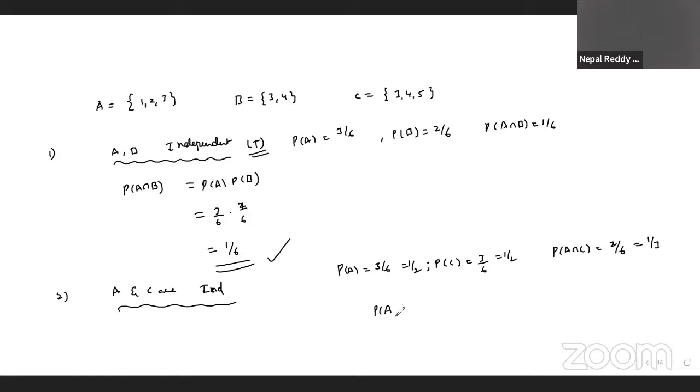Next, for A and C to be independent, P of A into P of C must be equal to P of A intersection C. Here P of A is 3 by 6, P of C is also 3 by 6. Therefore, 1 by 2 into 1 by 2 is 1 by 4. But here it does not coincide with 1 by 3. Therefore, it is false. A and C are dependent, not independent.